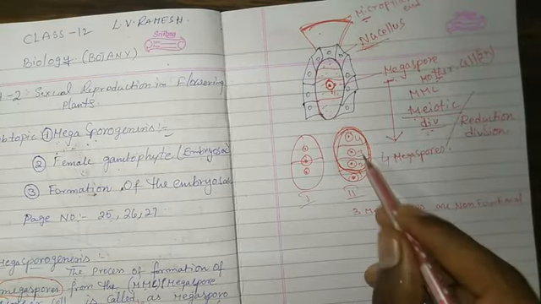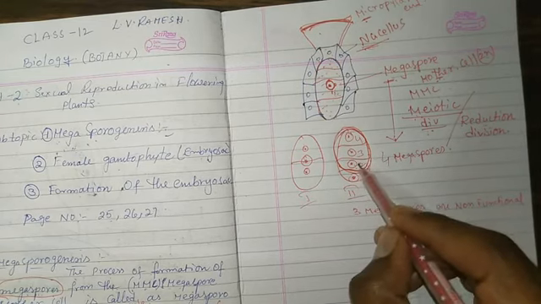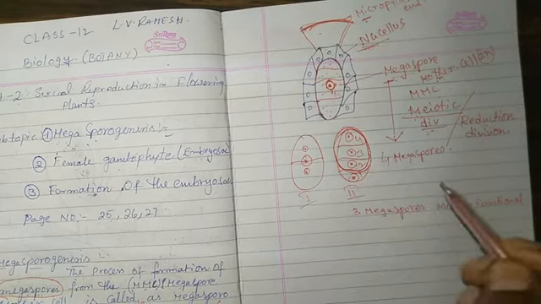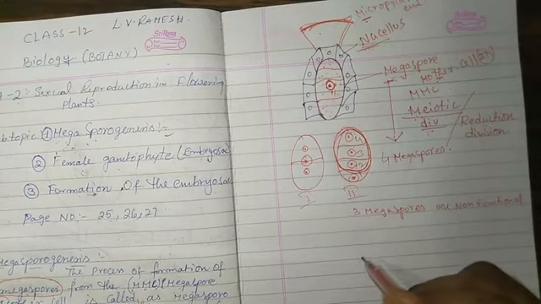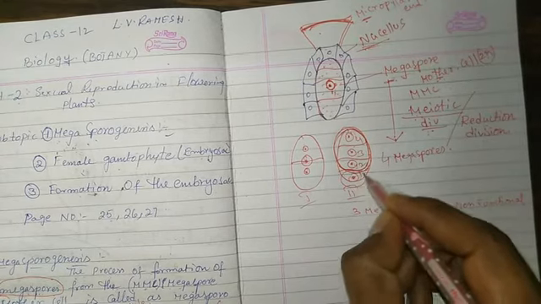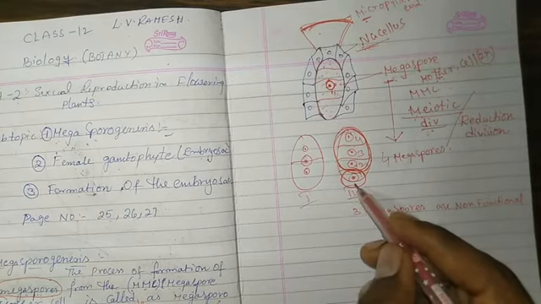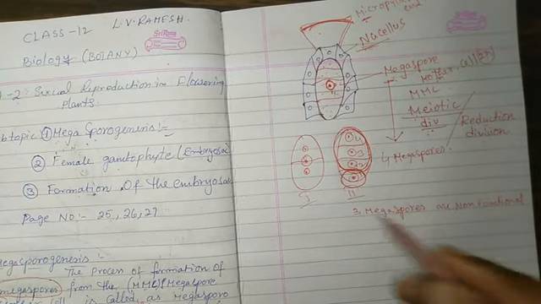That means there is no function for them. That's why these 3 megaspores, 2, 3, 4, are non-functional. That's why these 3 degenerate. Only 1 megaspore is present.